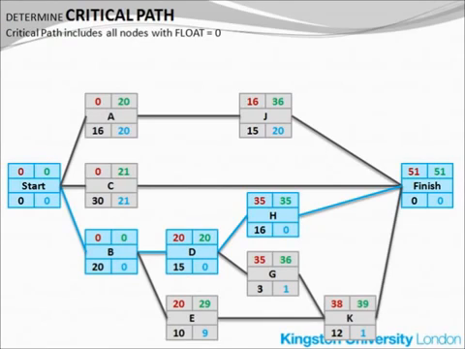These activities are critical for the entire project because any delay in any of these three activities will definitely impose a delay to the project completion time. All nodes with float equal to 0 make the project critical path. Every project has at least one critical path, and some may have more than one. It is a crucial concept for project management and especially for resourcing.